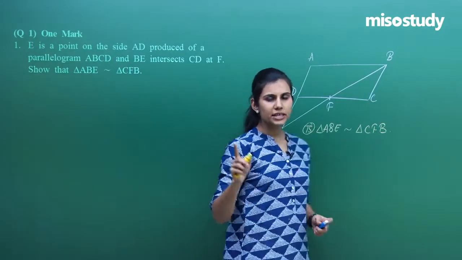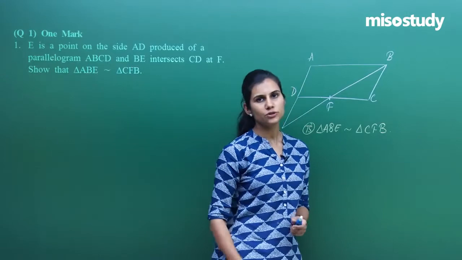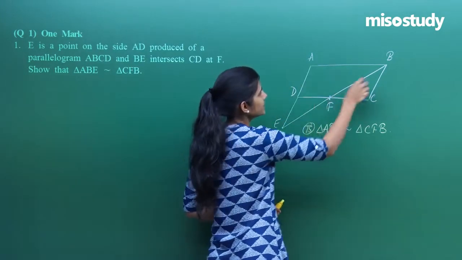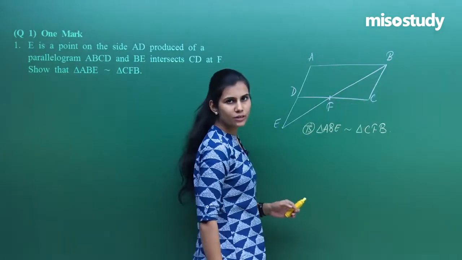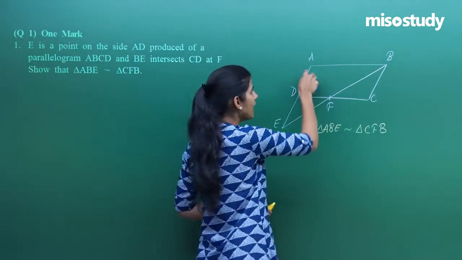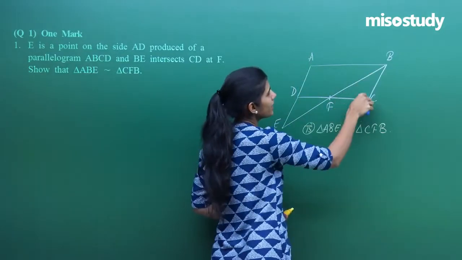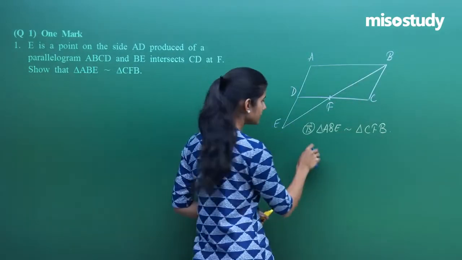All the criteria of proving two triangles to be similar should be at your fingertips. Here, you know that AD is parallel to BC because it is a parallelogram, so opposite sides are parallel. I have produced AD to E, so obviously AE is also parallel to BC, right?